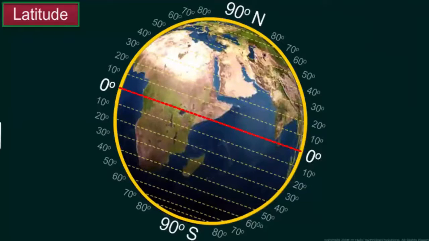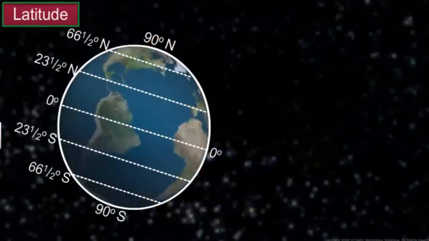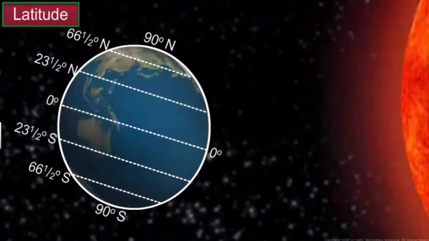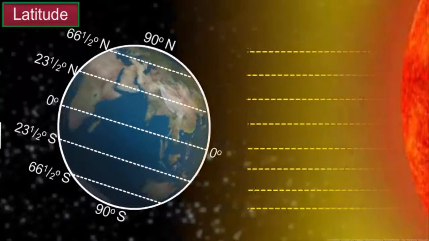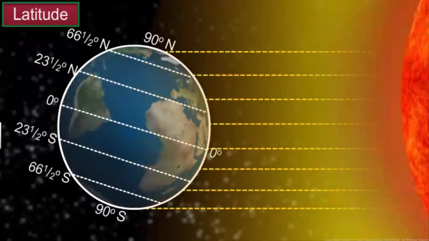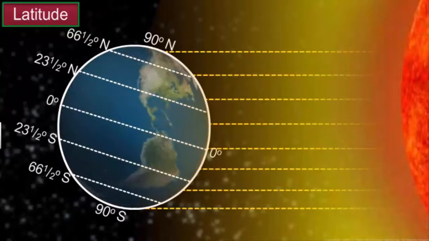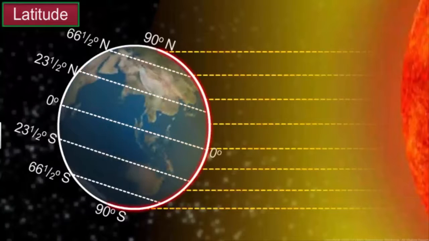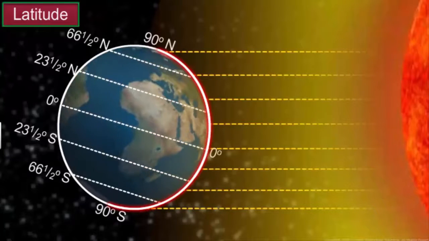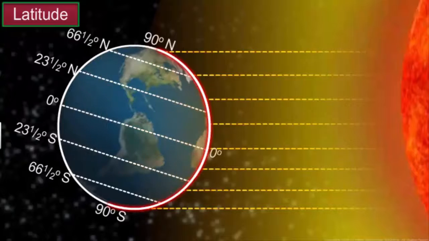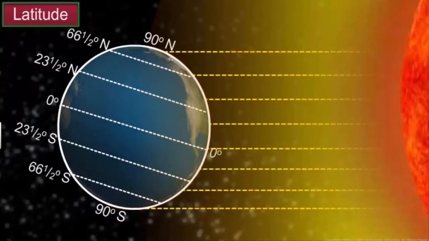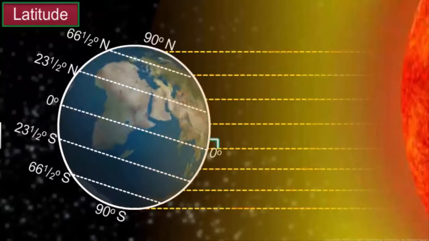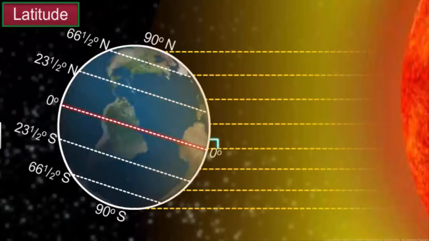Places located further away from the equator receive less sunlight compared to those located closer to it. The Earth's curved surface is the reason for this variation. The sun's rays fall almost perpendicularly on the equator and obliquely on the poles.